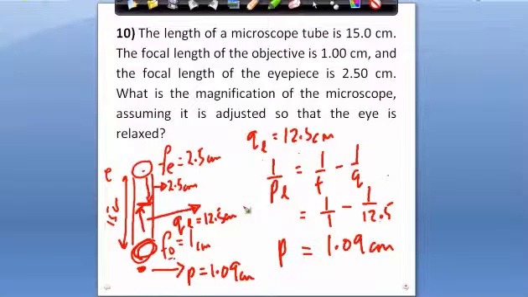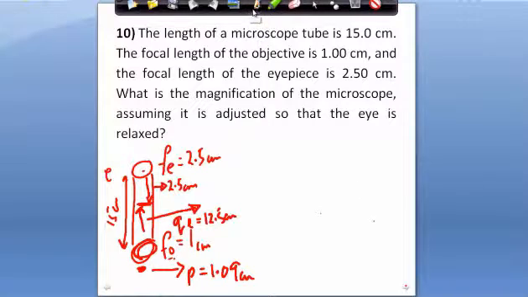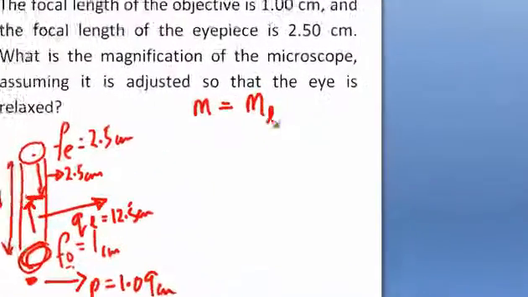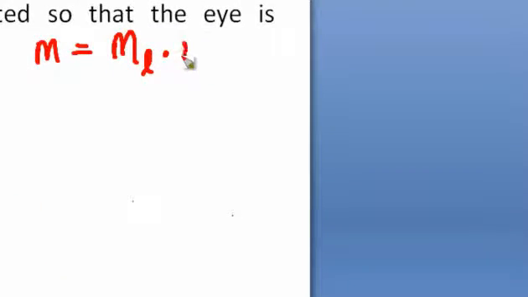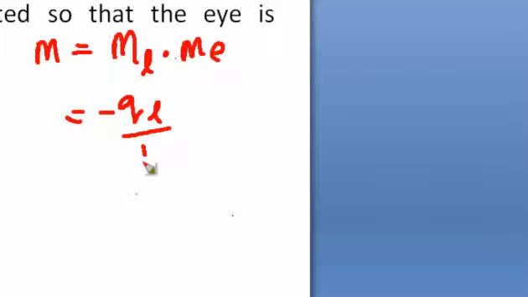The next step is to now find the magnification of each. The magnification is equal to M, the objective magnification, multiplied by the magnification of the eyepiece, which is equal to minus QL divided by P multiplied by 25 over FE.